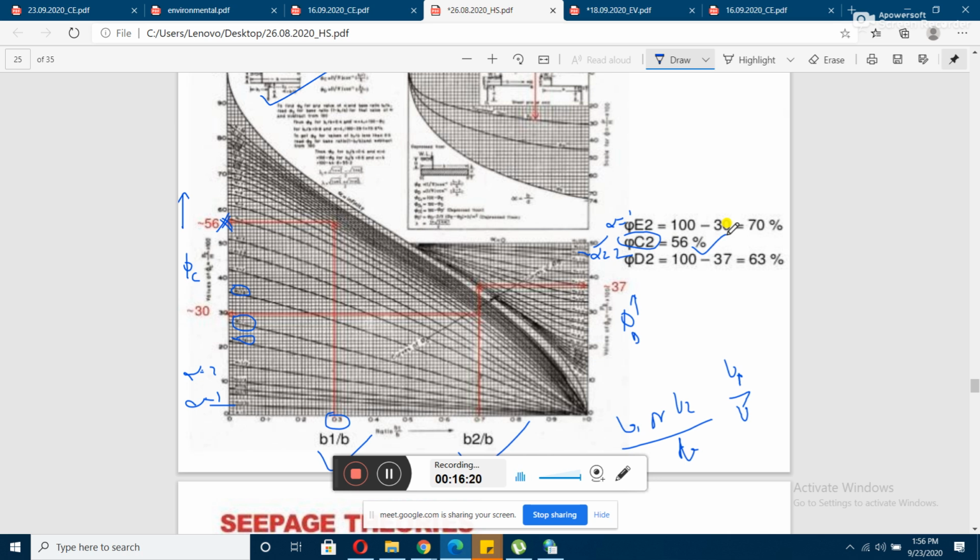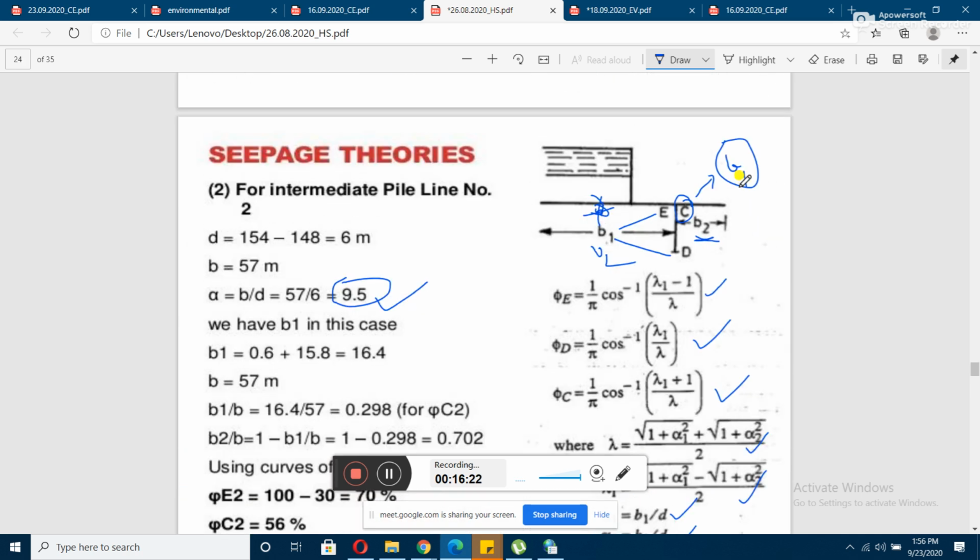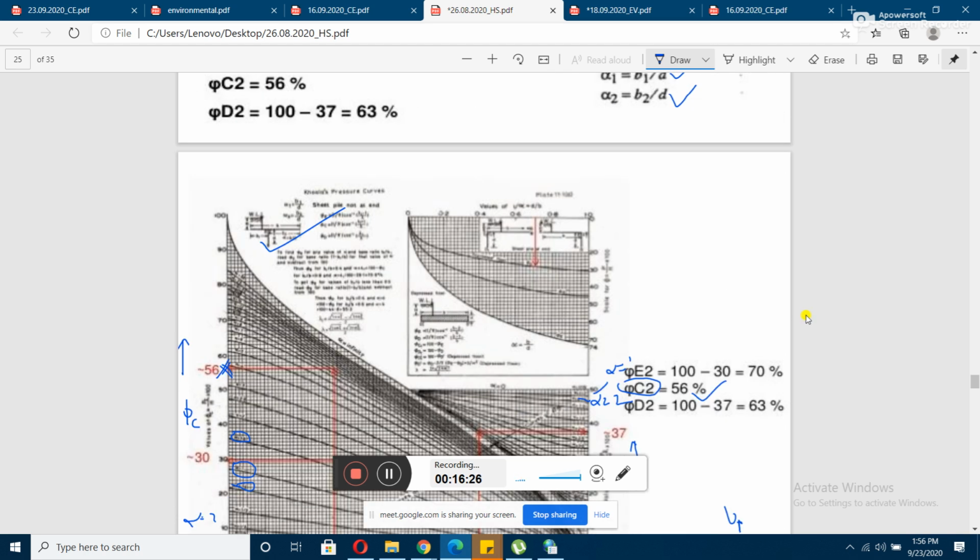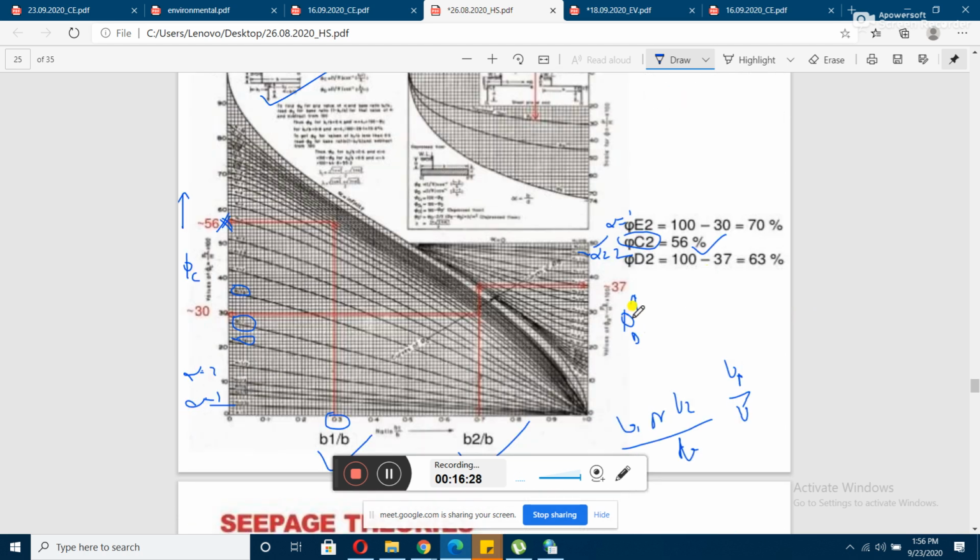Okay, next part is for determining your phi e and phi d. So how to determine your phi d? I have told you, firstly just look how phi d2 is determined. So this represents your phi d. I have told you this represents your phi d value.